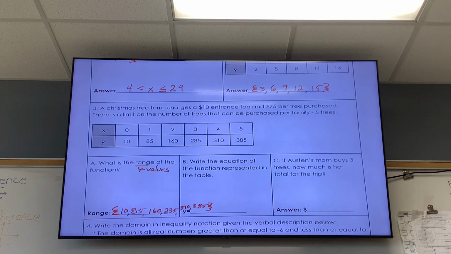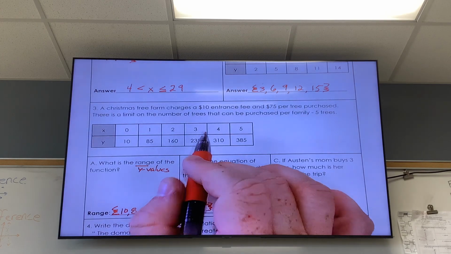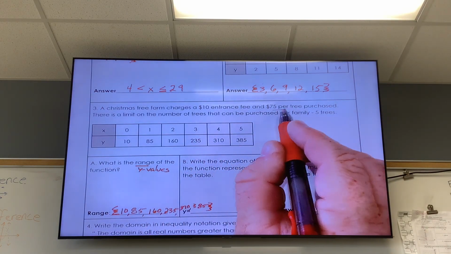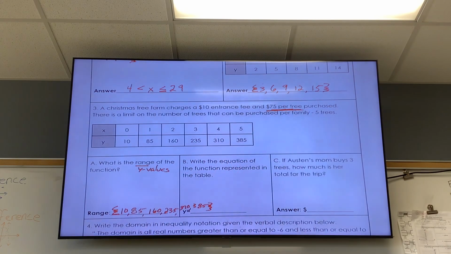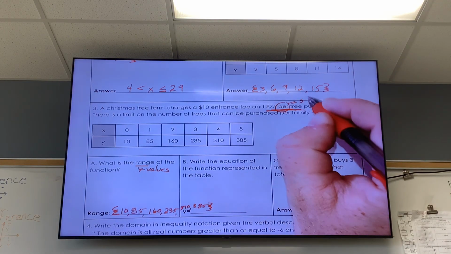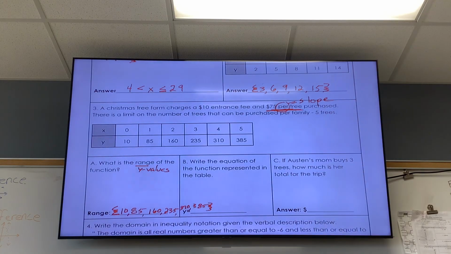They give us all of this information. If we look at our information in the problem, they tell us this per tree. Anytime you see the word per, that is your slope.